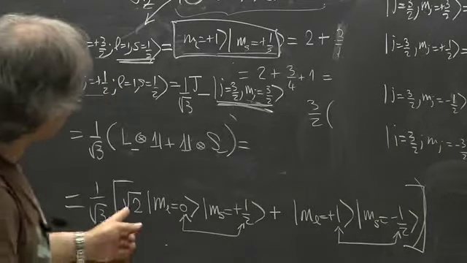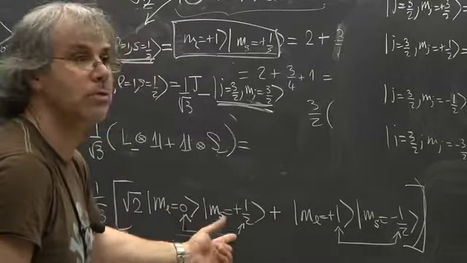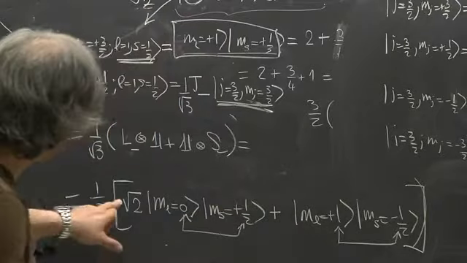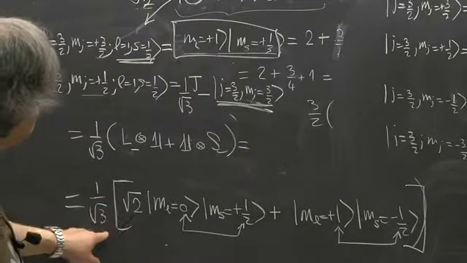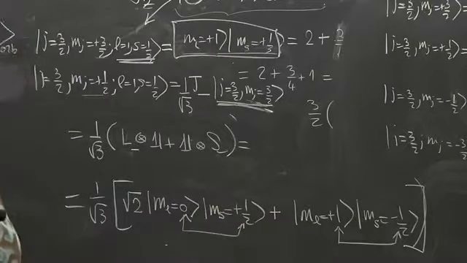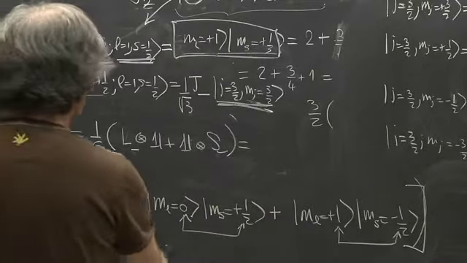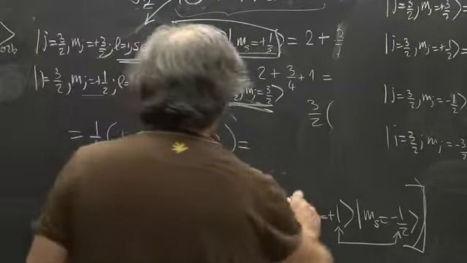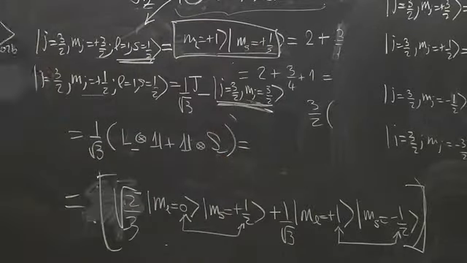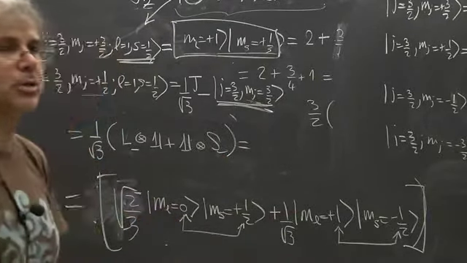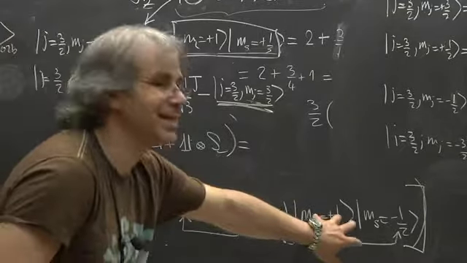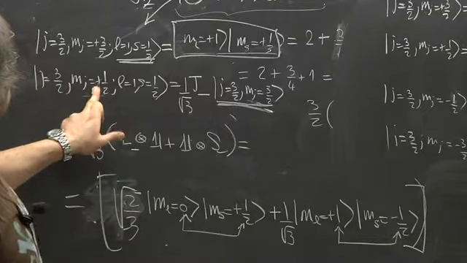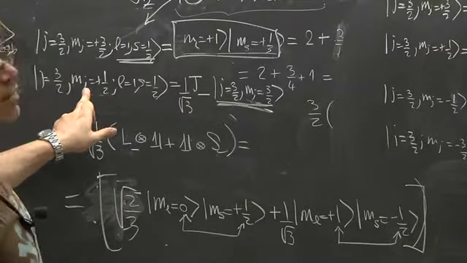But the right mixture that you have to take of the 2 possible candidate states that are these 2 products requires a precise coefficient, square root of 2 over 3 and 1 over square root of 3. Is this clear? So let me write it like this. Okay? Only if you take this precise combination, out of these 2 eigenstates that are the product, you obtain the right eigenvector of J square with eigenvalue Jz.